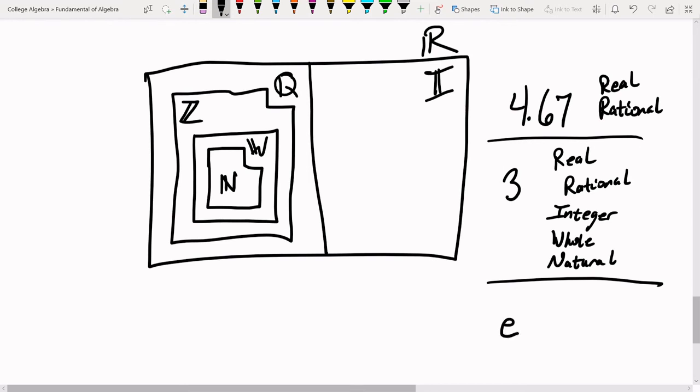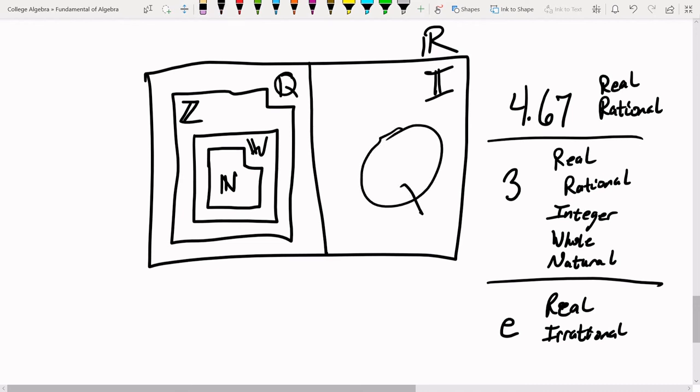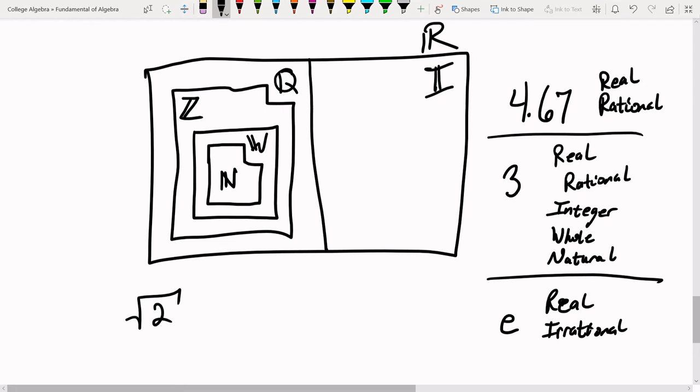How about e? Well, I told you this one before. e is a real number and it is irrational. And as you can see, there's nothing else in this box here. So that's the most it can be if it's irrational. It's going to be both real and irrational. Let's do square root of 2. If you type this into your calculator, it would, of course, round it off.